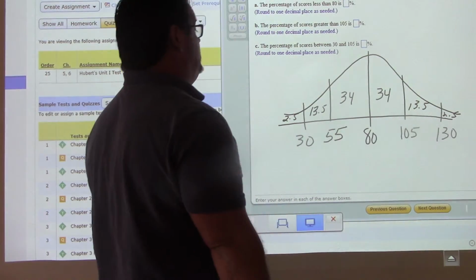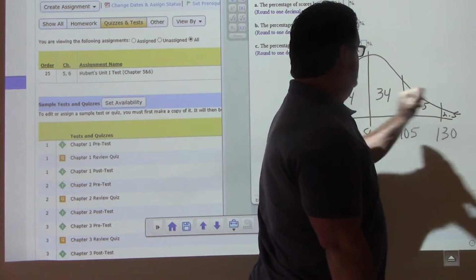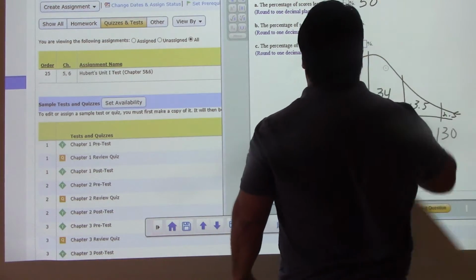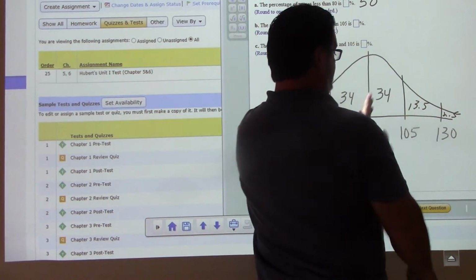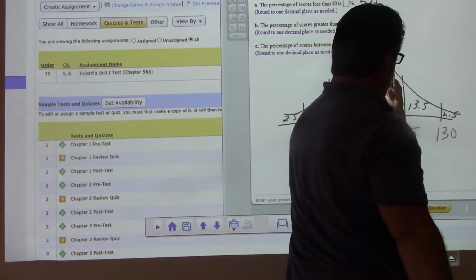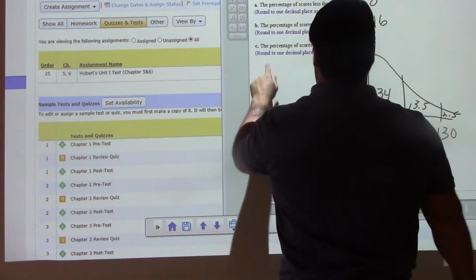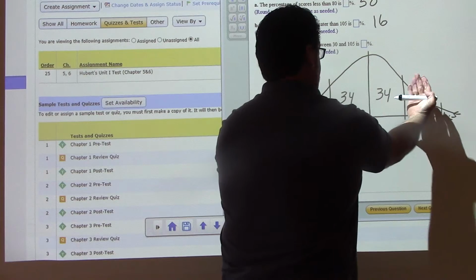And they want to know what's above 80. 50. Good job. Percentage of scores greater than 105. 16. Percentage of scores between 30 and 105.